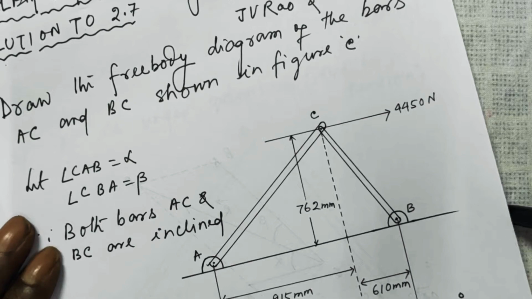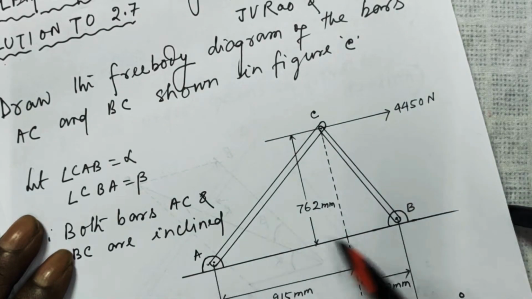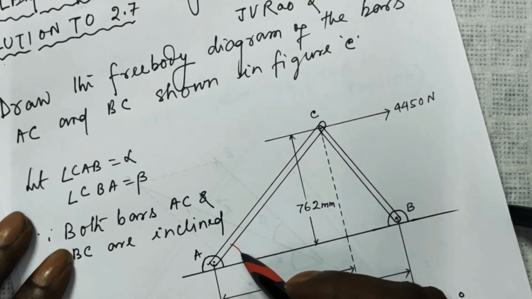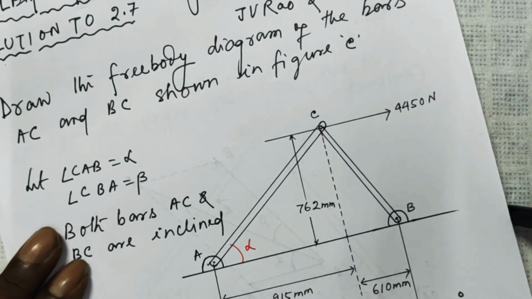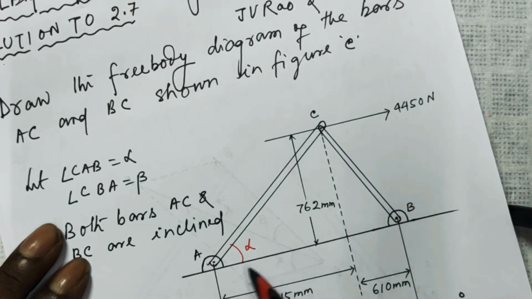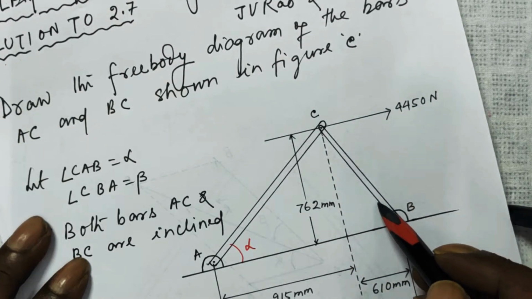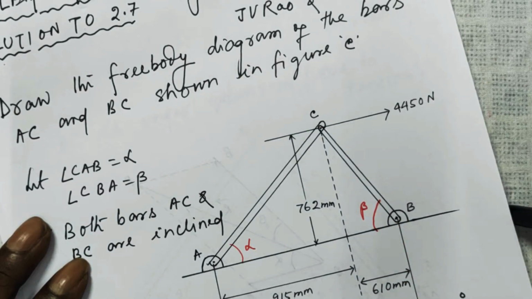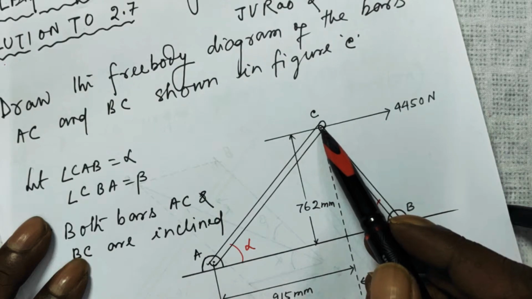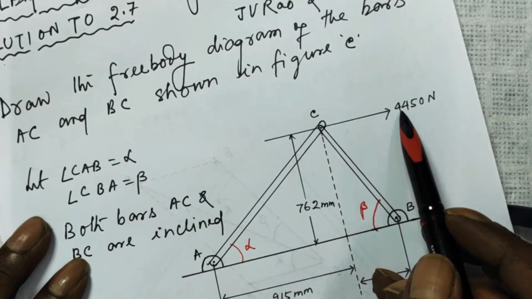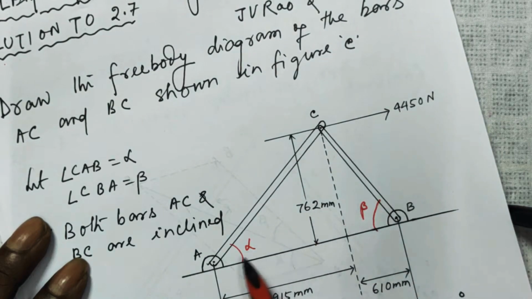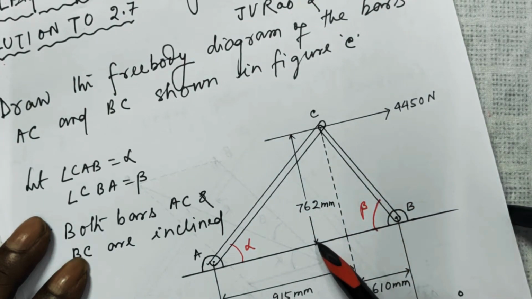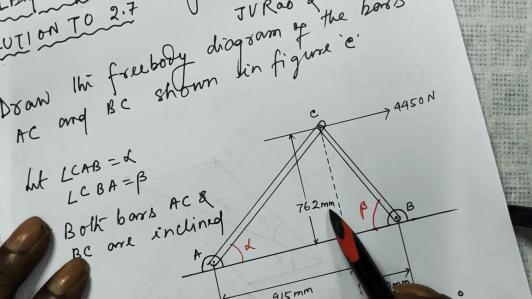So let me take angle CAB, this angle, equal to alpha, and angle CBA equal to beta, and we'll find out these two angles. And this point C, from which there is a horizontal force of 4450 Newton, this is all horizontal, so this is the perpendicular distance, which is given as 762 millimeter.